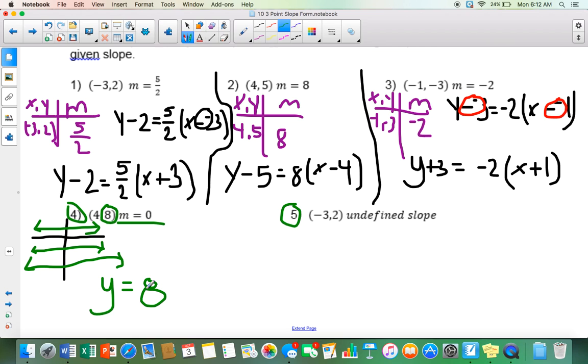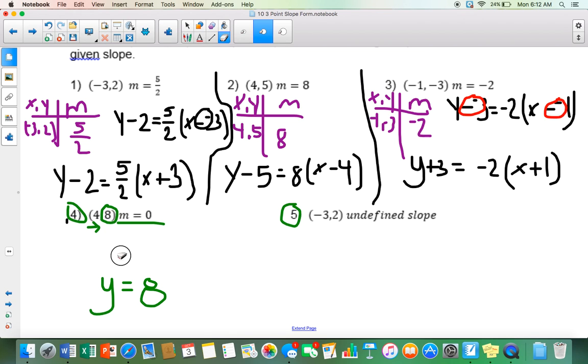Okay? To be a little more exact for that one, I'm going to erase this right here. And I'm going to show you if I were to actually plot this point. So 1, 2, 3, 4. 1, 2, 3, 4, 5, 6, 7, 8.